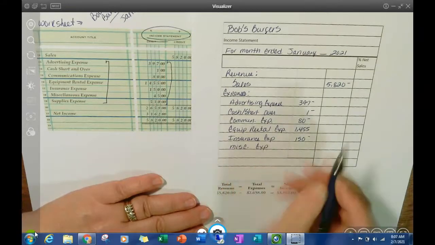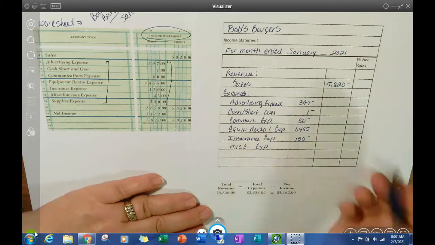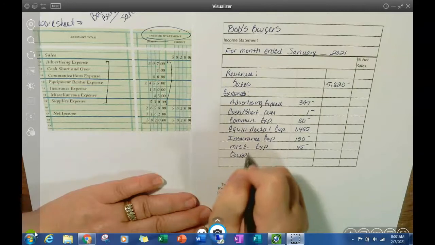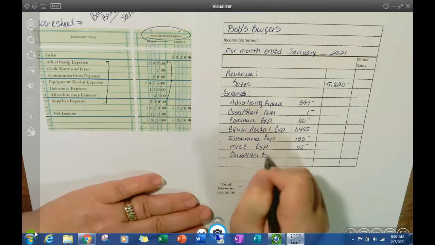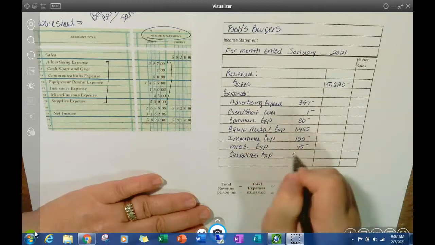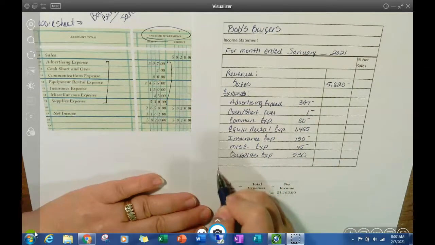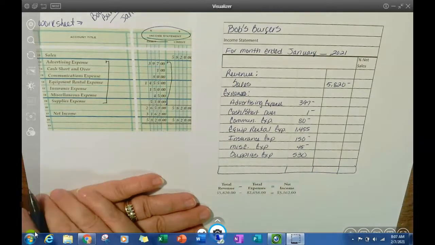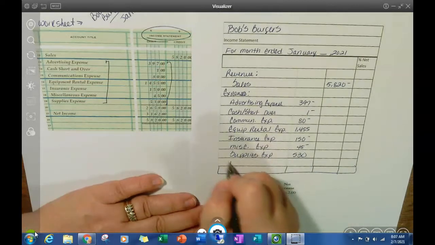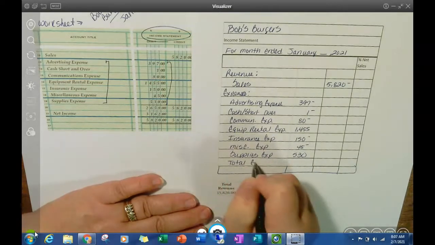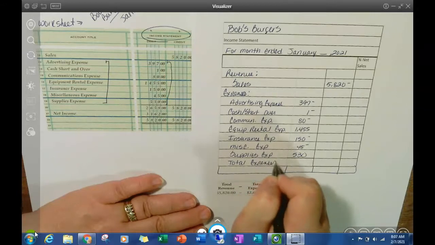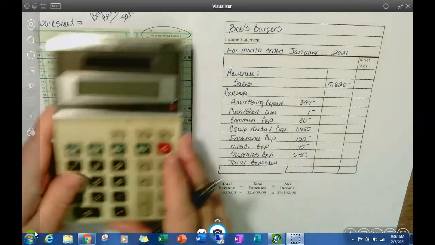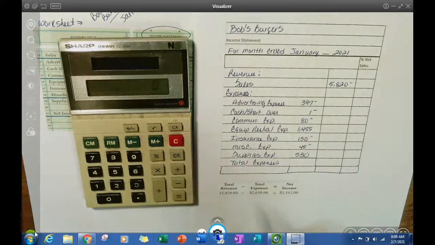Miscellaneous expense, which yes, you can abbreviate, $45. Supplies expense, $530. We are not going to have enough lines. Add a line at the bottom. Total expenses, take out a calculator, add your expenses.